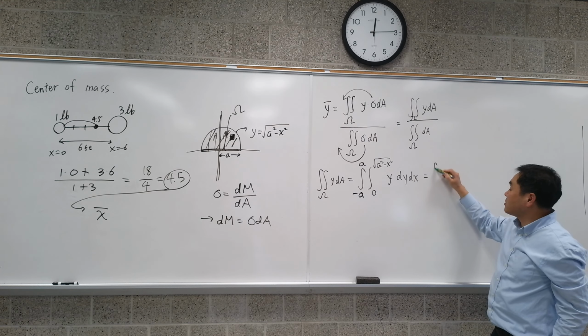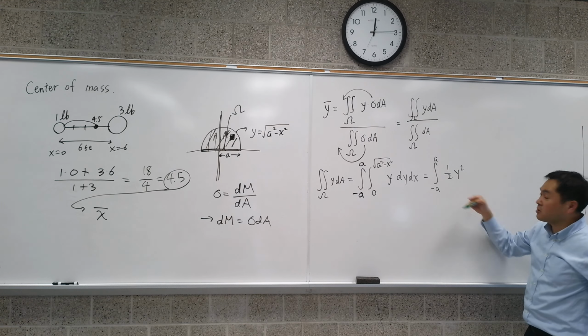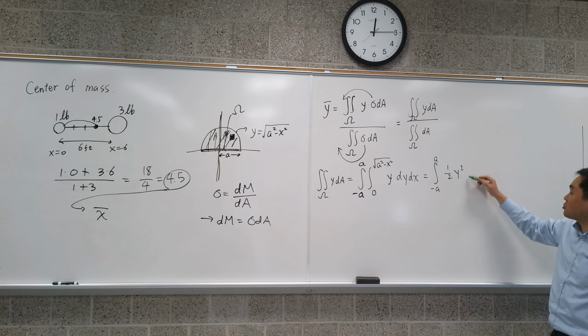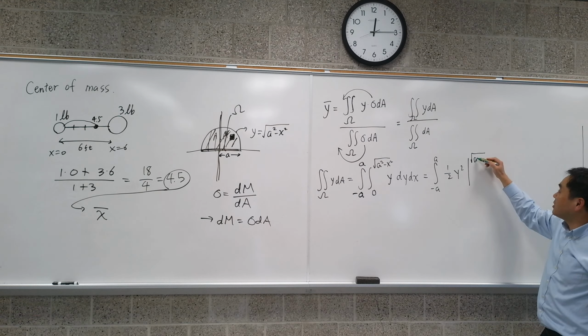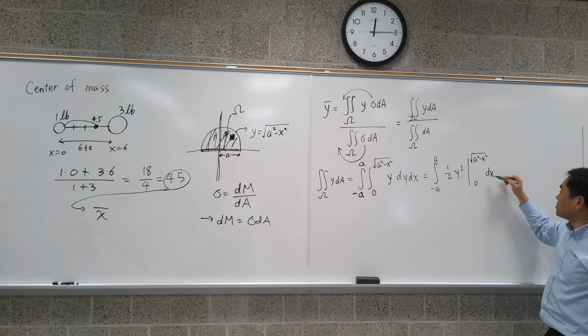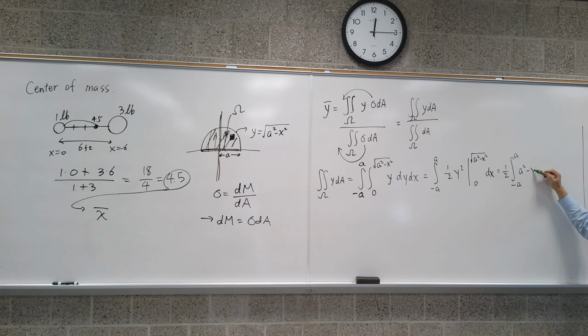So you get the integral from negative a to a of 1/2 y squared, since the integral of y dy is 1/2 y squared, plugging in square root of a squared minus x squared and 0, and then still dx. When you plug this in, the square cancels out the square root, so you end up with 1/2 integral from negative a to a of a squared minus x squared dx.